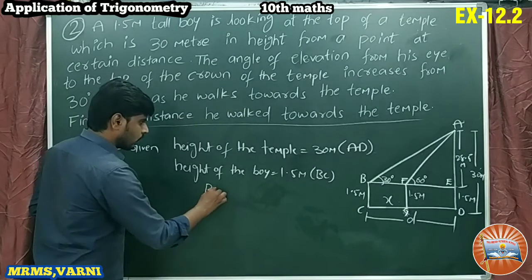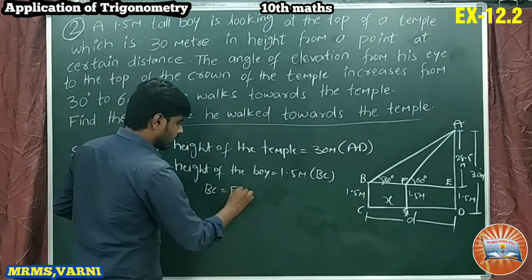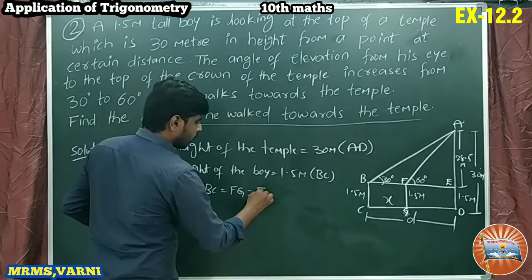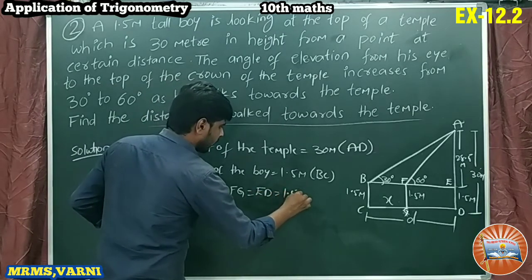So BC equals FG equals ED, all are 1.5 meters only.